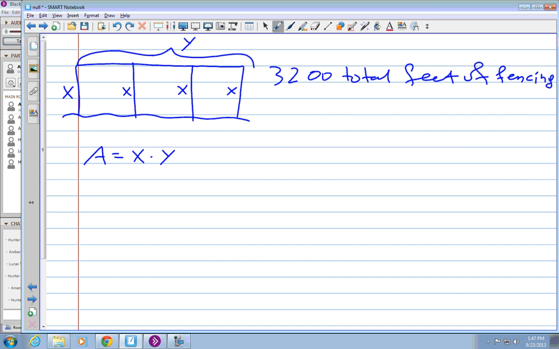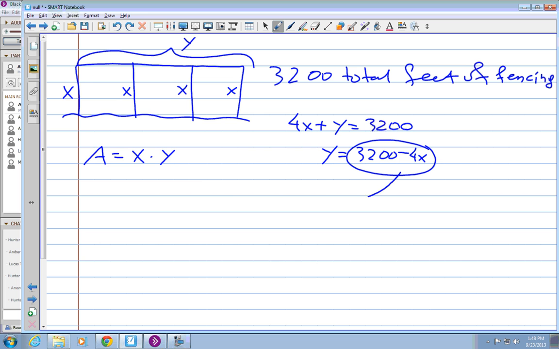Now, we have 2 variables, x and y, so there should be a way to express y in terms of x, and we knew that we have x, x, x, x. So we knew that 4x plus y equals 3,200, right? I'm not saying this is the exact same question. It's close, but doesn't matter, same problem. So therefore, y equals 3,200 minus 4x.